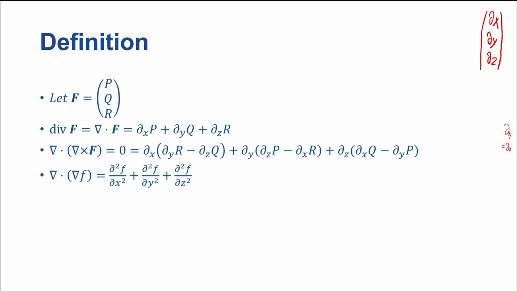So I'm going from a scalar function to a vector function back to a scalar function by applying the gradient operator twice to a scalar function. And what this ends up being in rectangular coordinates is partial squared f partial x squared plus partial squared f partial y squared plus partial squared f partial z squared. Okay, so that's fairly easy.